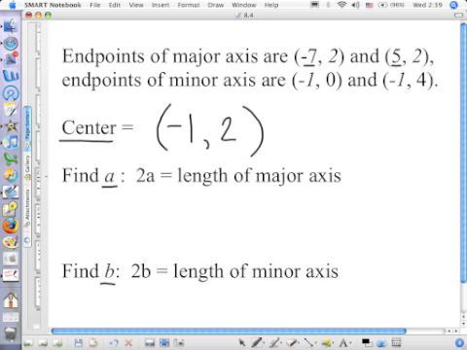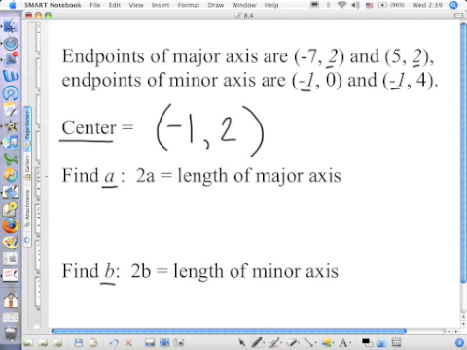I want y'all to notice something. Look at the numbers that I have italicized. The easy ones. Is that a trick? No. Is that always true?